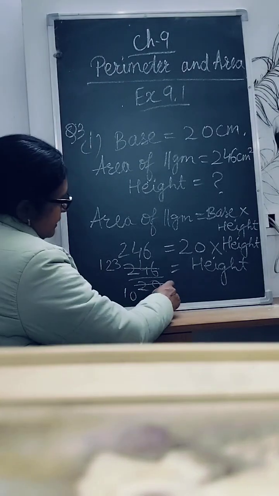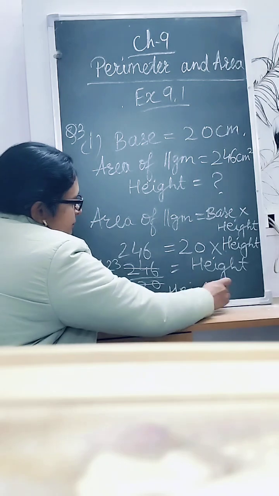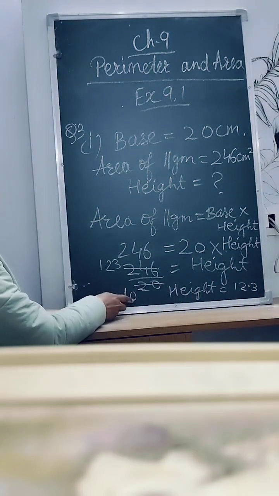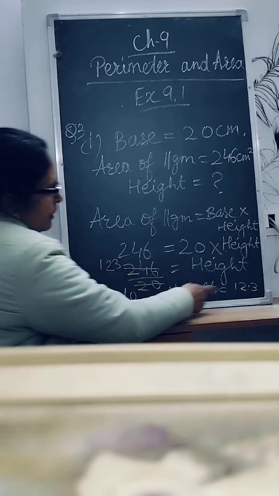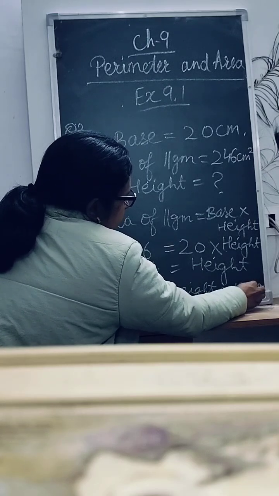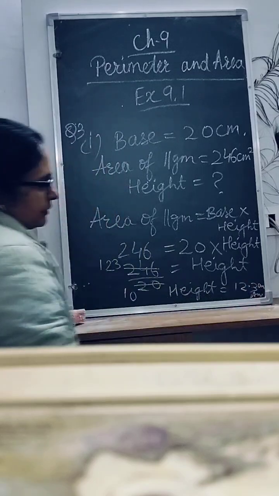So it means our height is equal to 12.3. Okay, 1 0 means when we write 12, we will move one place to the left side. So 12.3 centimeter is your height. Okay, so this way you can find it.